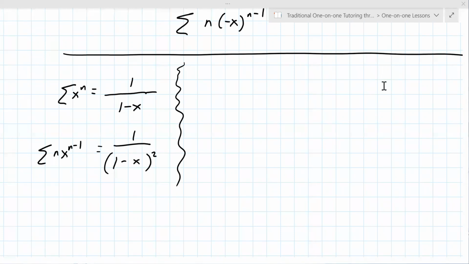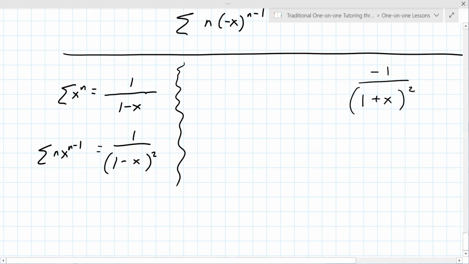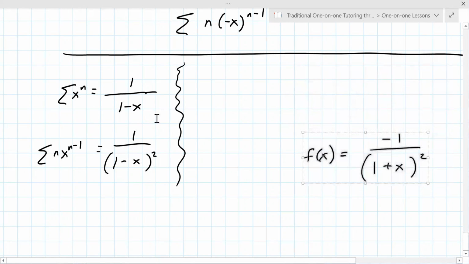Okay, well, let's just say your problem was -1 over 1 plus x squared. They want you to figure this out right here. What you would have to try to do is realize, okay, well, it's not this, but maybe it came from something like this.